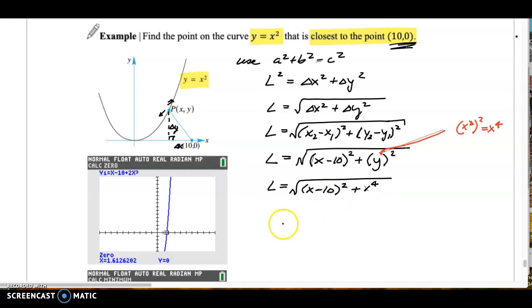I can now take the derivative of this. Let's take the derivative of that. Sure, that's going to be 1/2. Actually, it might be nicer before we even take the derivative to expand this.